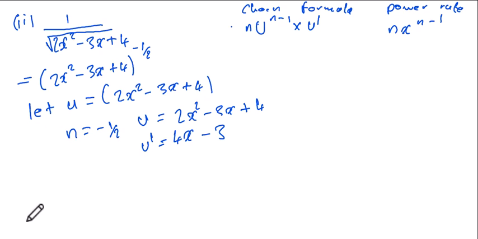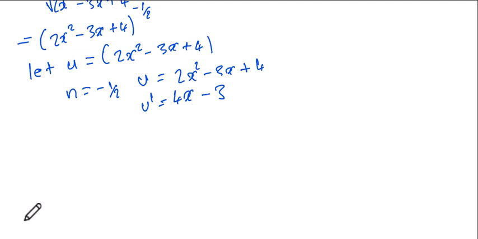Okay, so we'll have negative 1 over 2 multiplied by our original equation, 2x squared minus 3x plus 4, okay, to the power what?